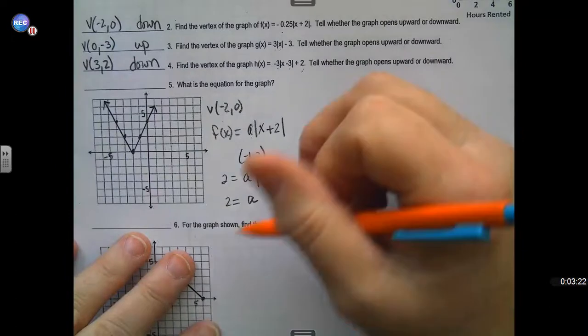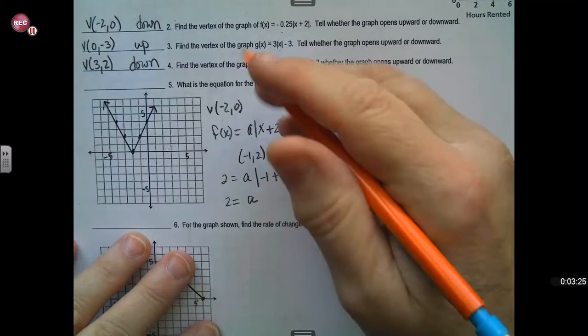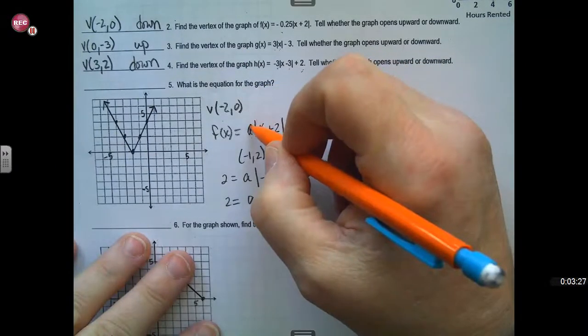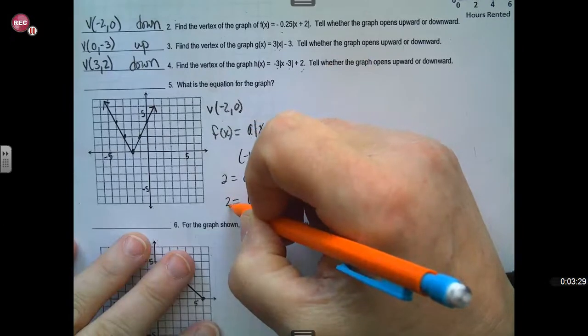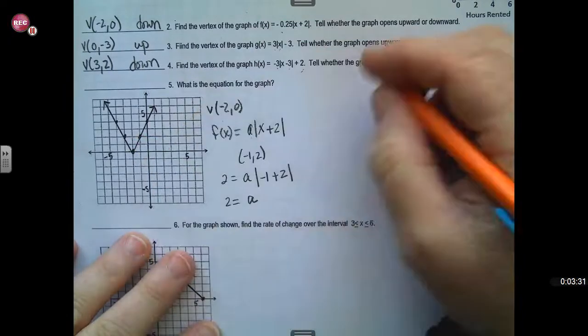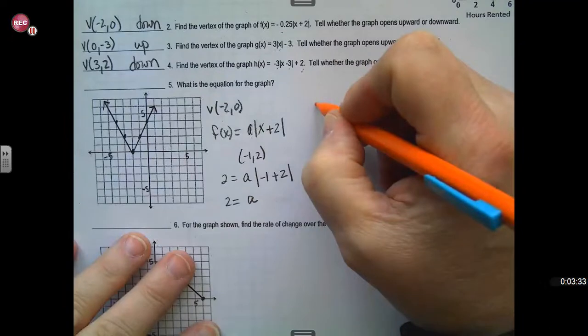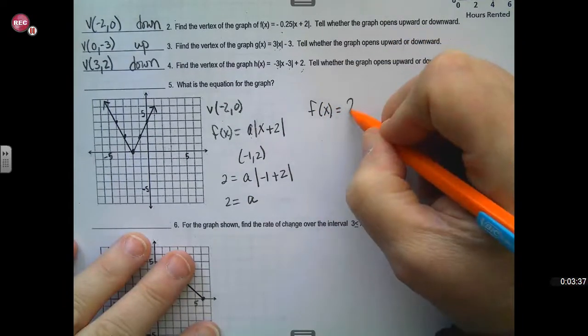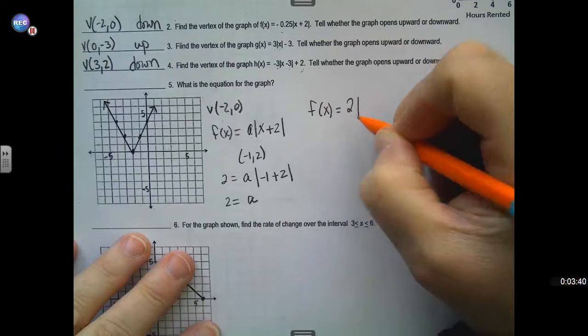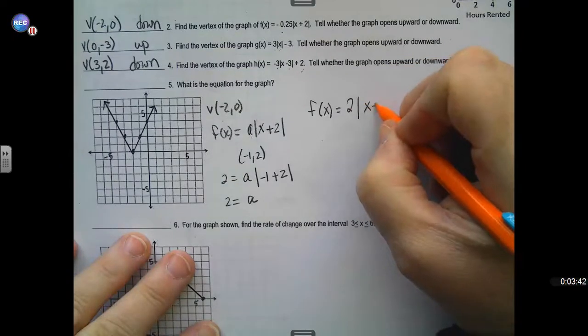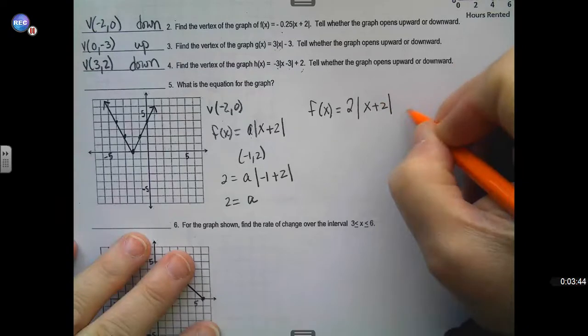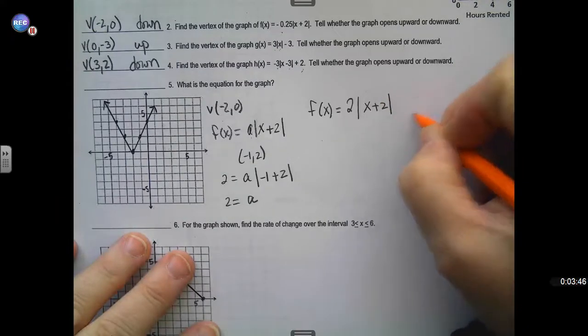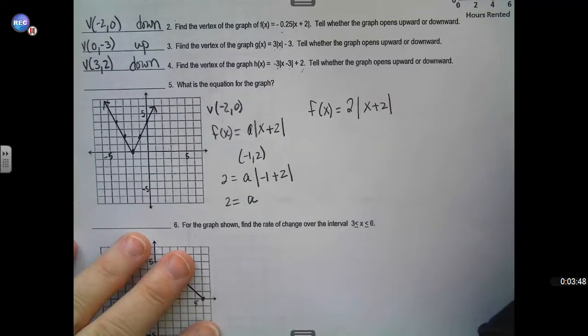The absolute value of 1 is 1. So our coefficient out front is +2. So our answer is f of x equals 2 times the absolute value of x plus 2. The y value of the vertex is 0, so I don't write anything out there.